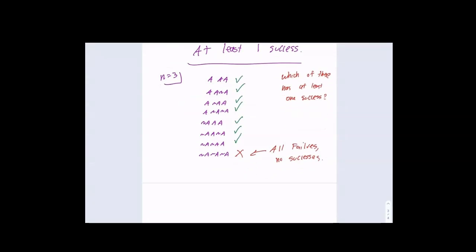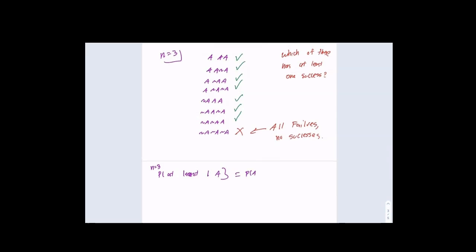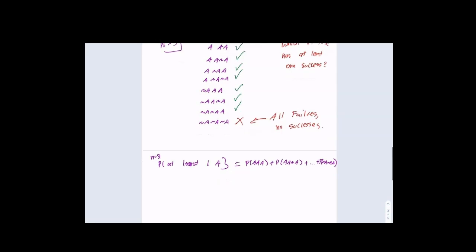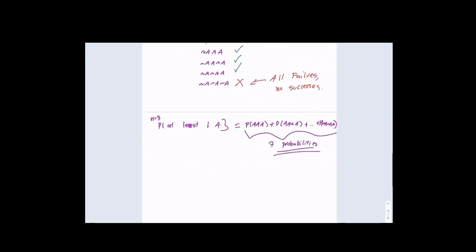So, if I wanted to find the probability of at least one success, so if n is 3, then the probability of at least one A would be equal to the probability of A plus the probability of A not A plus dot dot dot plus the probability of not A A. There would be 7 different probabilities to be able to do.